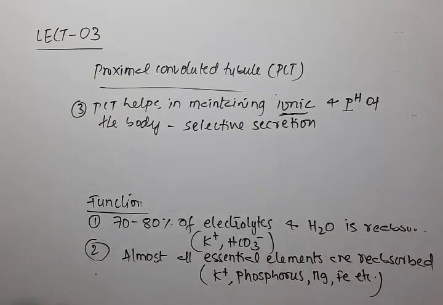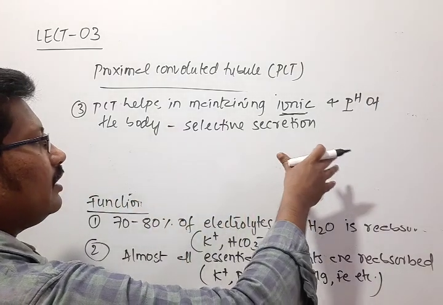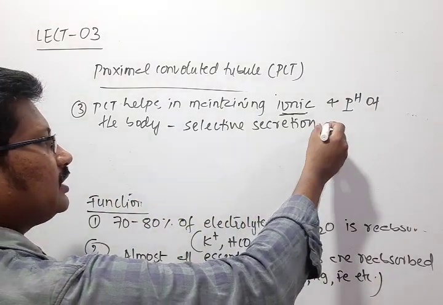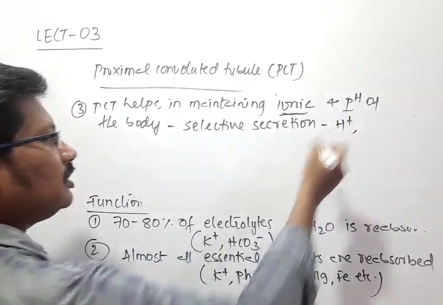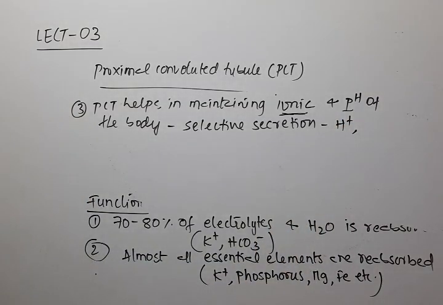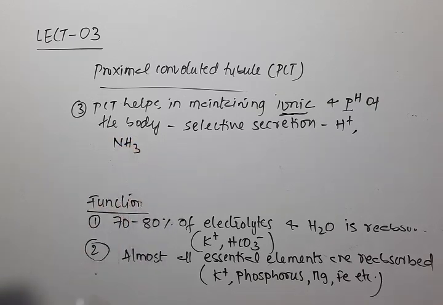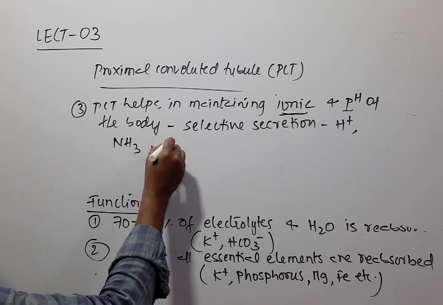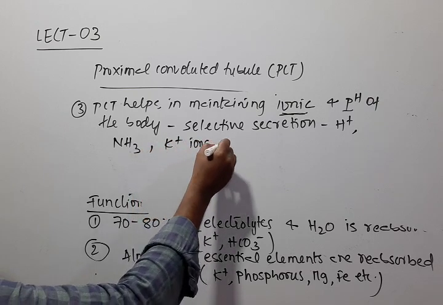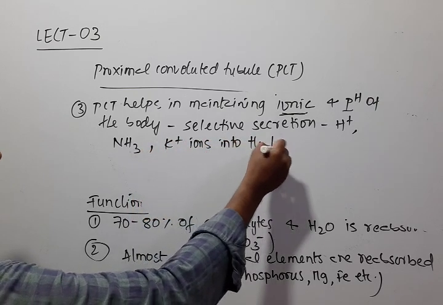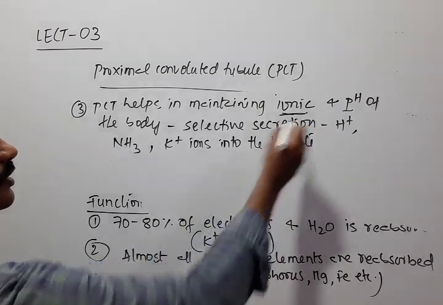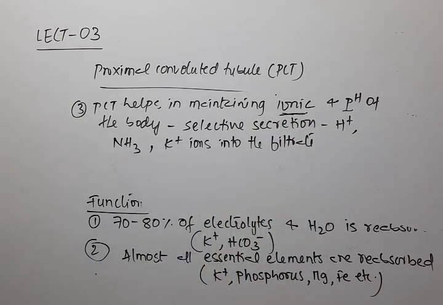Selective secretion means it selectively releases certain substances like hydrogen ions, ammonia, and potassium ions into the filtrate. So it will release these hydrogen ions, ammonia, and potassium into the filtrate.